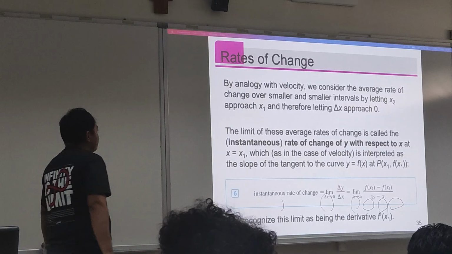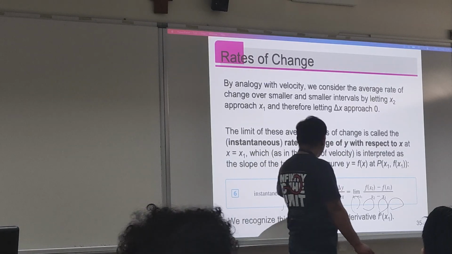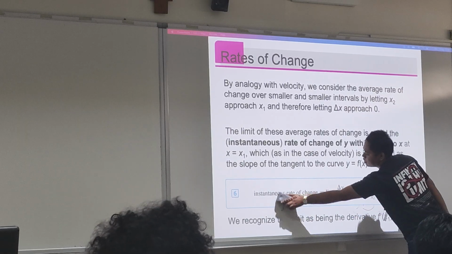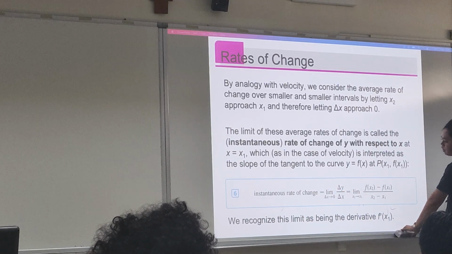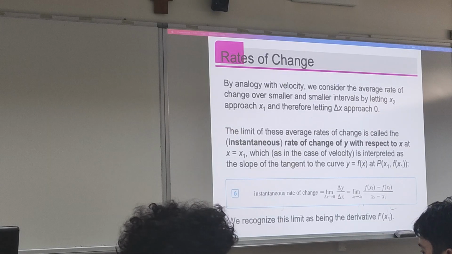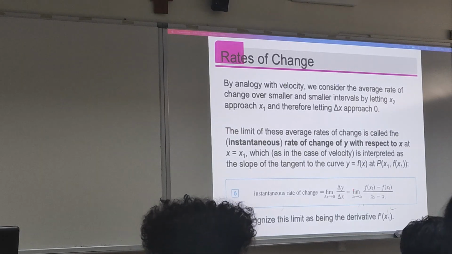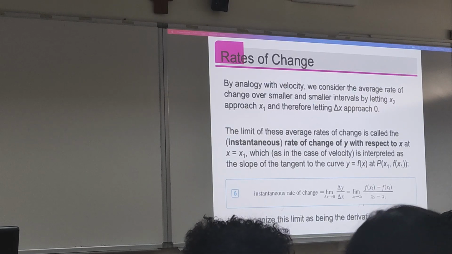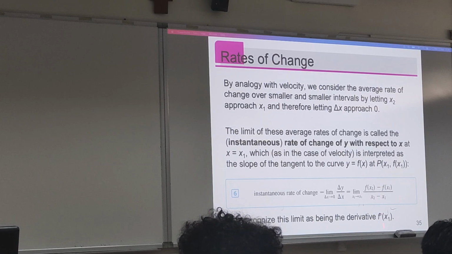By analogy with velocity, the instantaneous rate of change is found when you take the limit of delta y over delta x as delta x approaches 0, which is the same as taking the limit of f of x sub 2 minus f of x sub 1 divided by x sub 2 minus x sub 1 as x sub 2 approaches x sub 1.